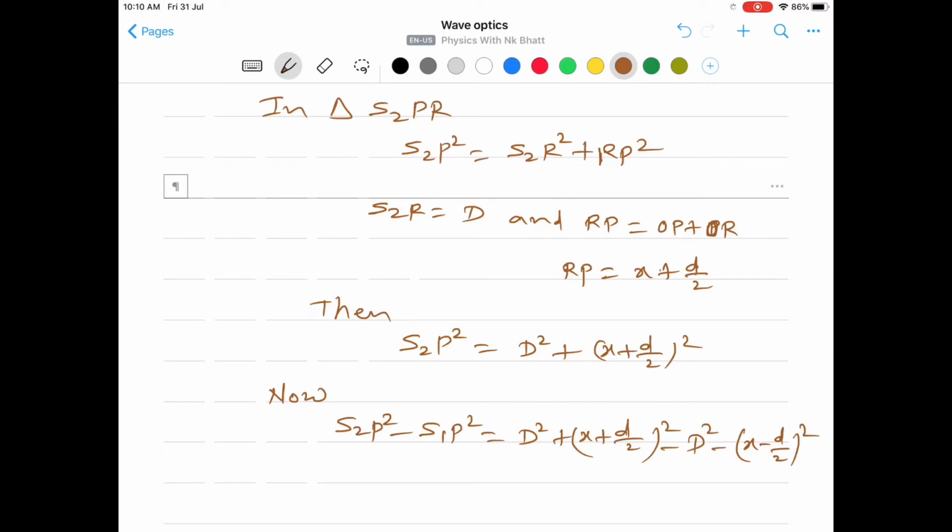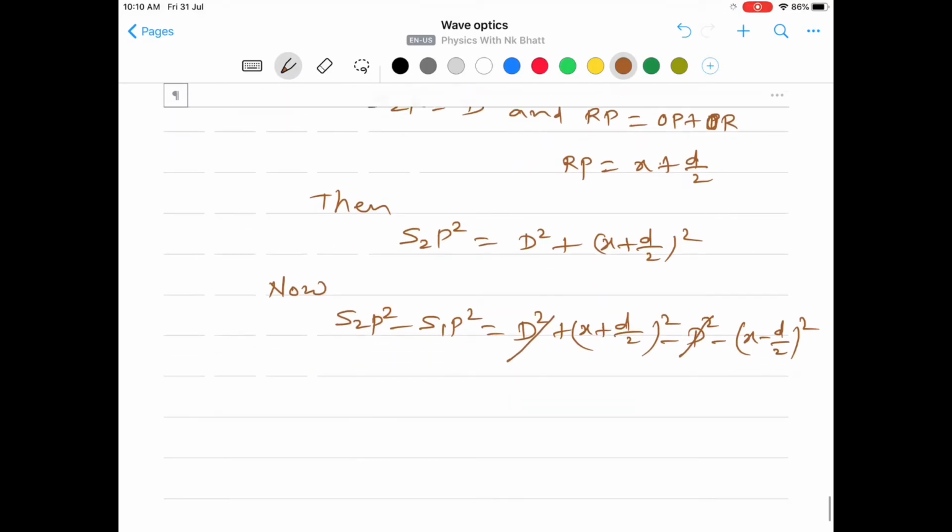What we have done is replaced S2P square and S1P square. So this D square is cancelled.